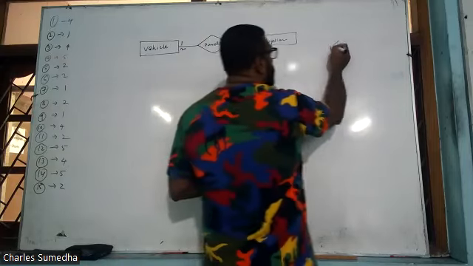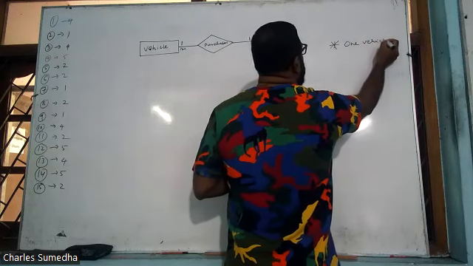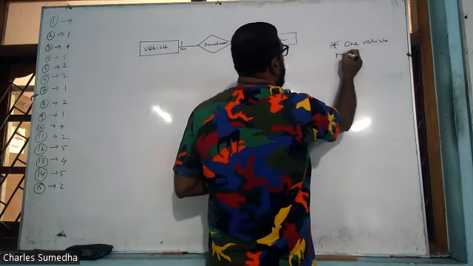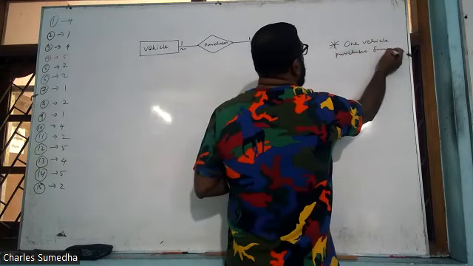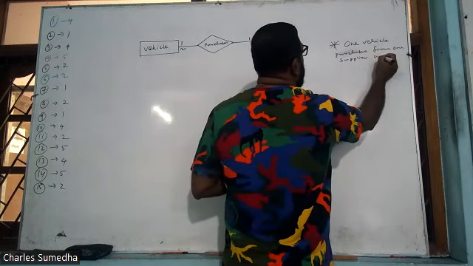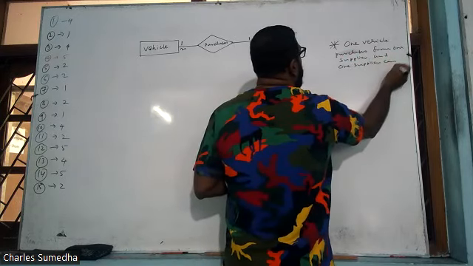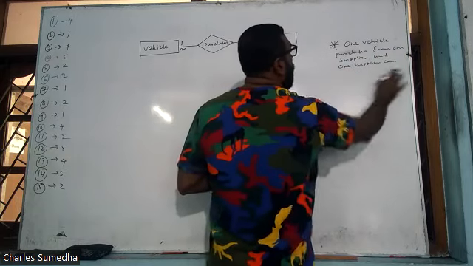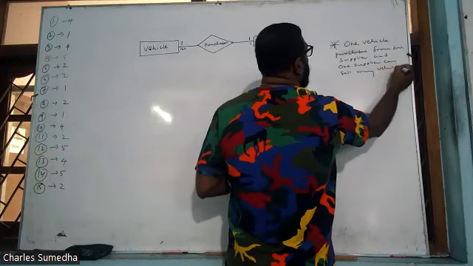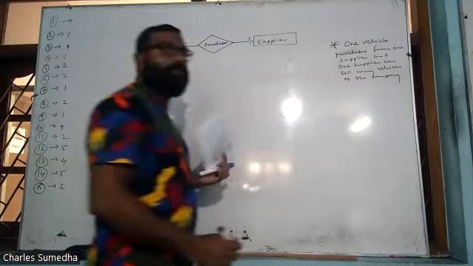You can write the assumption: one vehicle is purchased from one supplier, and one supplier can sell many vehicles to the company. I have taken that assumption.